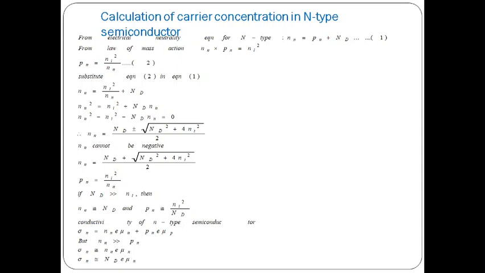Now we'll discuss the carrier concentration in N-type semiconductor. From the electrical neutrality equation for any semiconductor, concentration of positive charge equals concentration of negative charge.